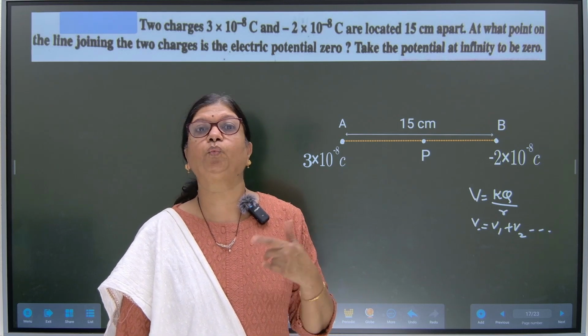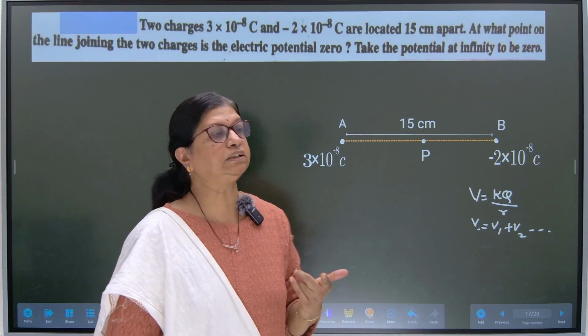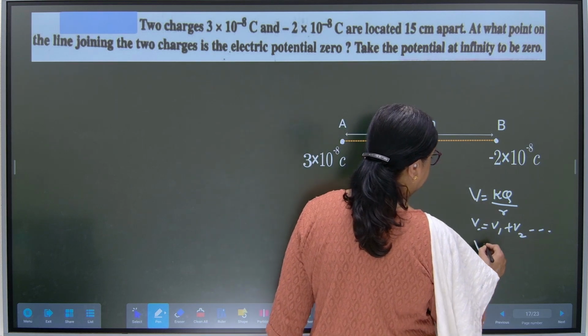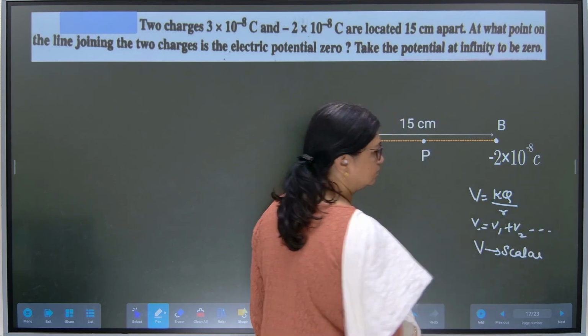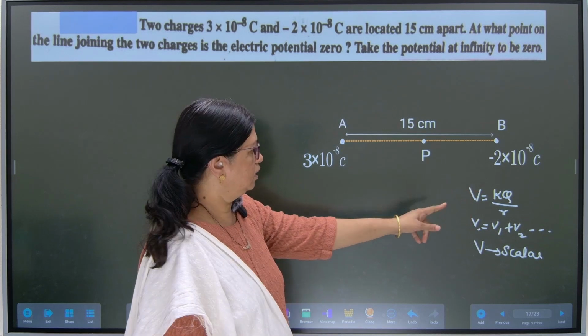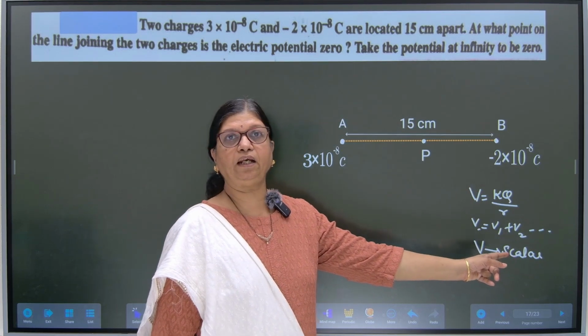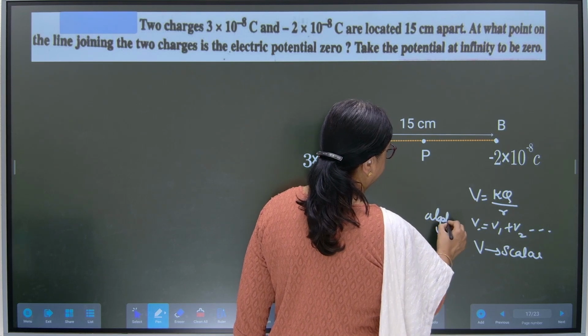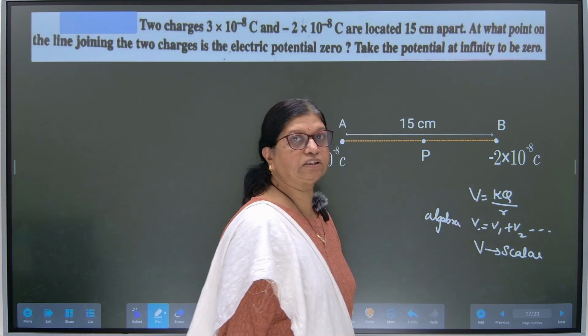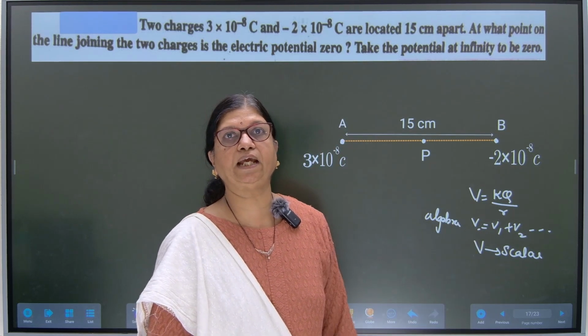No direction. Why no direction? Because potential is a scalar quantity. So the formula is known to you. Addition is algebraic. Direction is not needed because V is a scalar quantity.